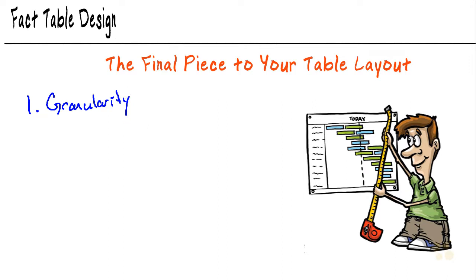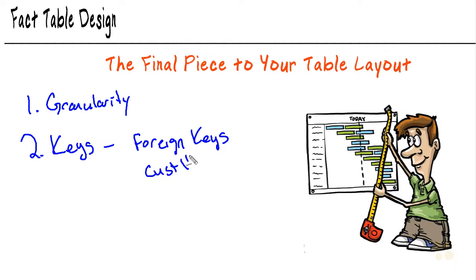And of course, the next thing we have to figure out is our column structure. And there's really one major thing you have to figure out, and that's how you're going to be handling keys. You see, in a fact table, we're of course going to have lots of foreign keys. These are the keys that we're going to be referencing in the dimension tables. Something like customer ID, something like date, that'll be a foreign key. Something like product ID.